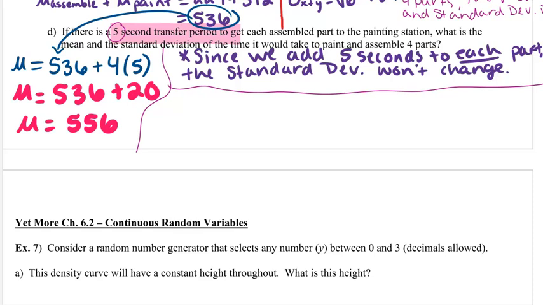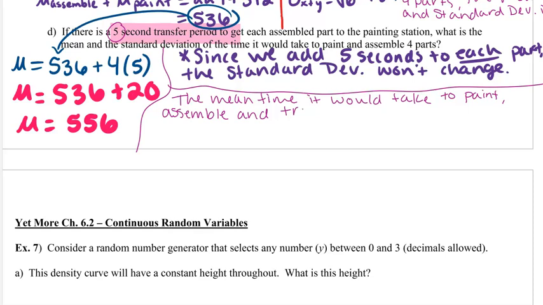Okay, the mean time it would take to paint, assemble, and transfer the parts is 556 seconds. And the standard deviation remains the same at 10 seconds.